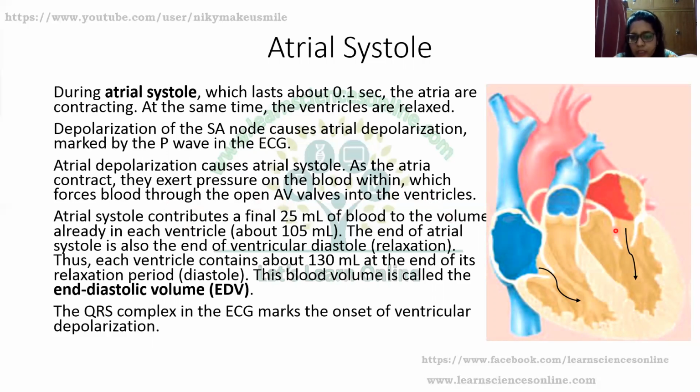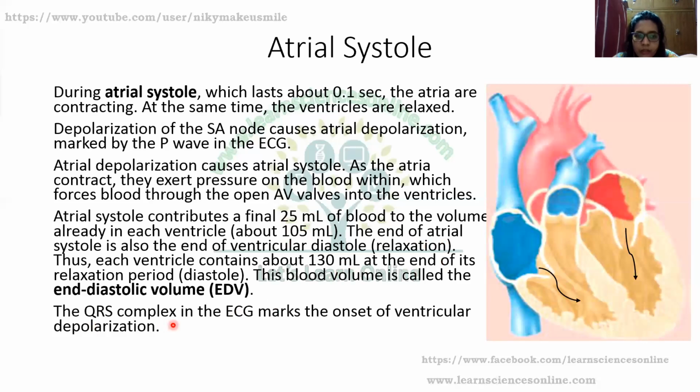As you can see in this diagram, these atrioventricular valves are open in this phase, and the blood is passing from atria to ventricle. Total ventricular blood capacity is 130 ml, out of which 25 ml of blood is contributed during this atrial systole.